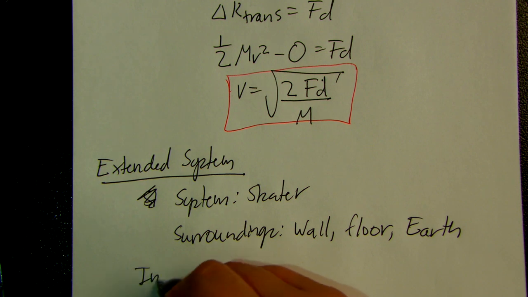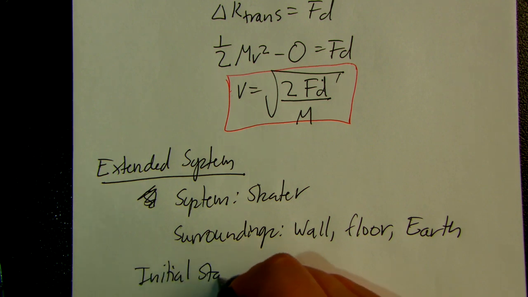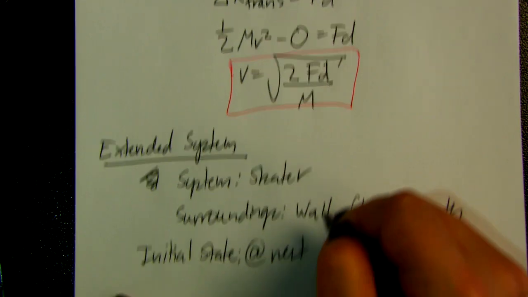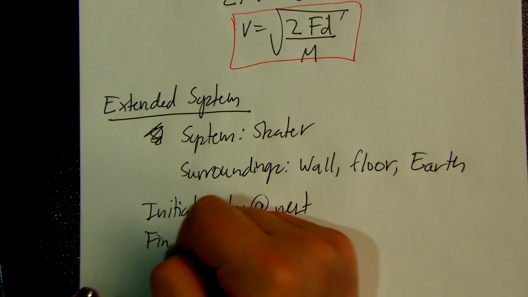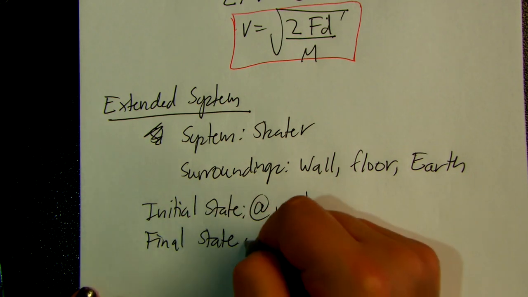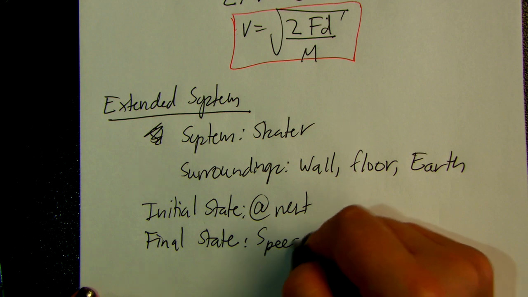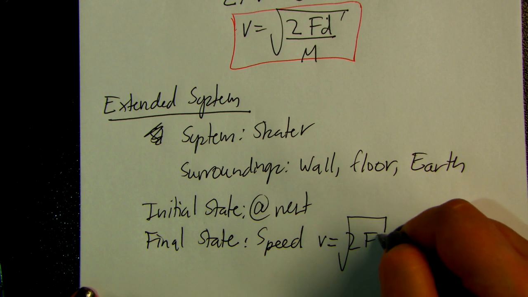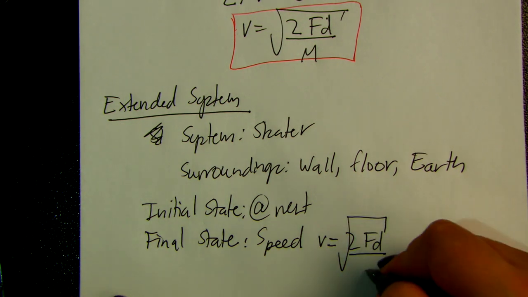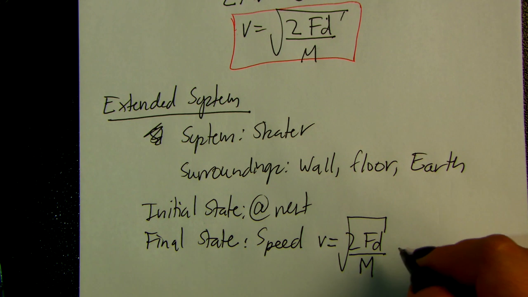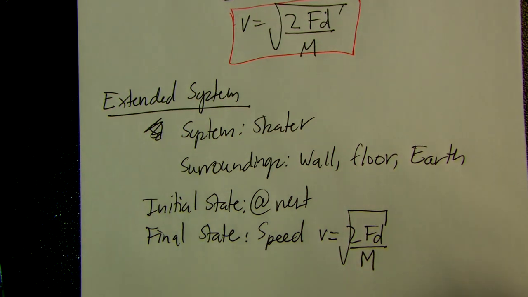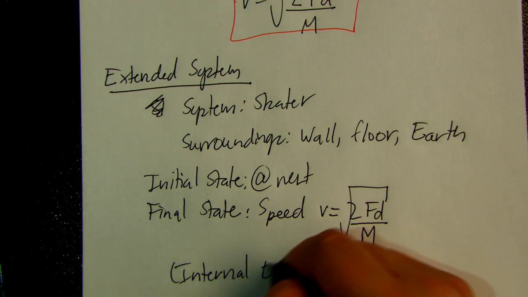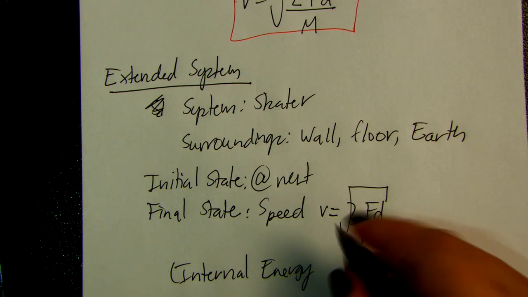The initial state, at rest, and the final state, speed v is equal to the square root of 2FD over m. And we know that there's an internal energy change because she had to heat up and use some chemical energy.